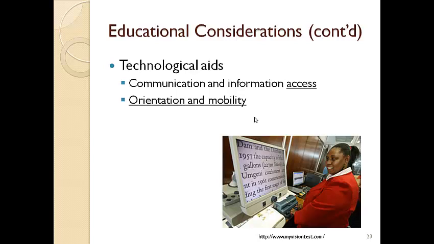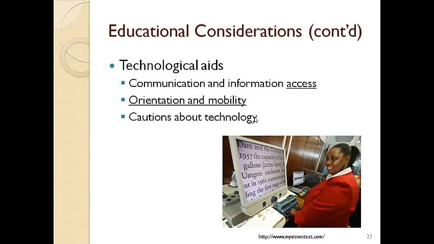And as far as orientation and mobility go, we have the GPS, the global positioning system, which helps them detect obstacles in their way. But although we do have all these technological aids, we need to be cautious about the use of technology, because what if the person becomes dependent on these and a certain technology is not available to them when they leave school, right?